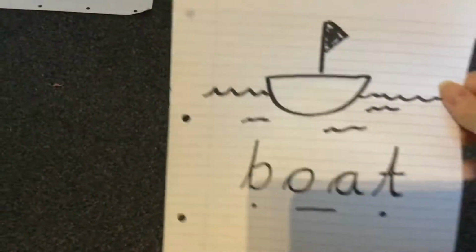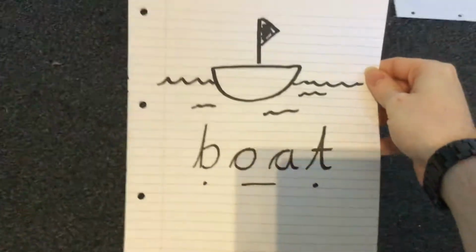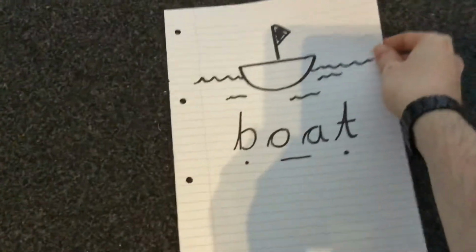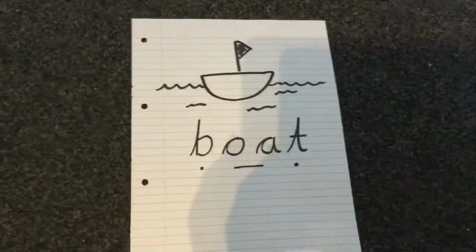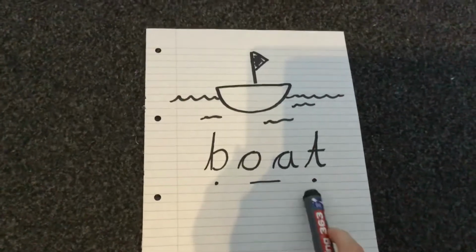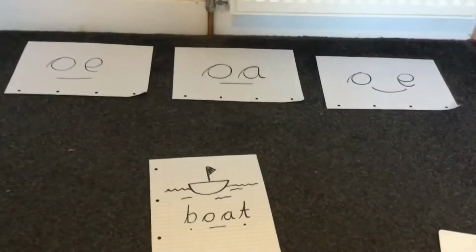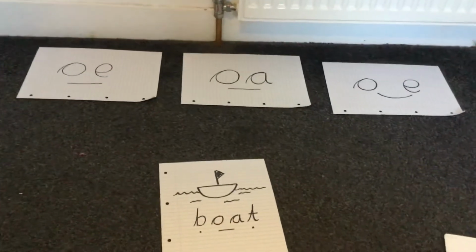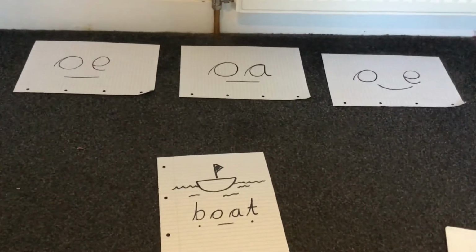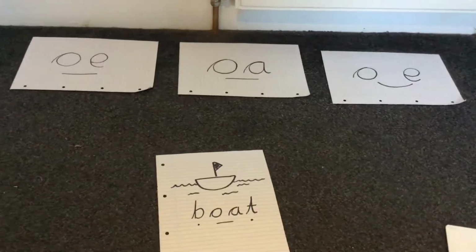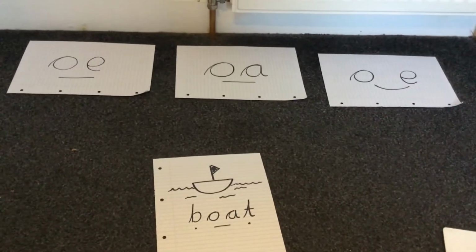Alright, so very first, let me find it, here we go. First, we have a boat. So boat, b-oat, and tell me, where do we think that boat belongs? Does it belong in the left, in the right, in the middle? Where do we think?